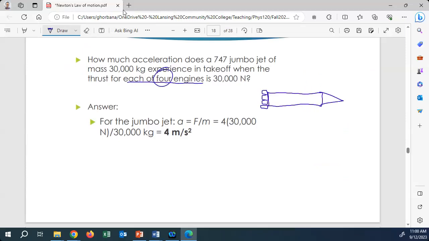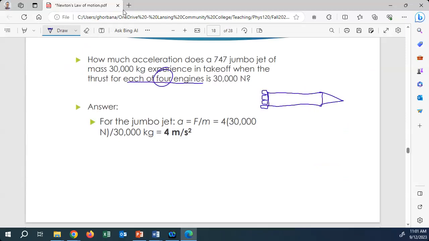And it is telling that each one creates a thrust force. The fuel is burned and creates heat energy. Heat energy will push the airplane forward. So what kind of force is being exerted on the airplane?